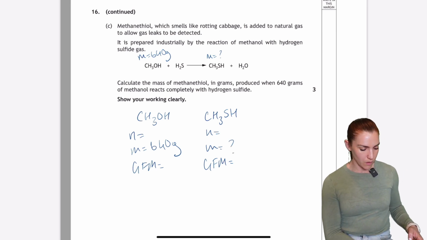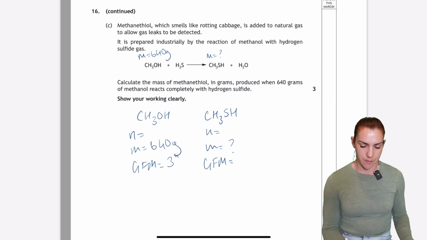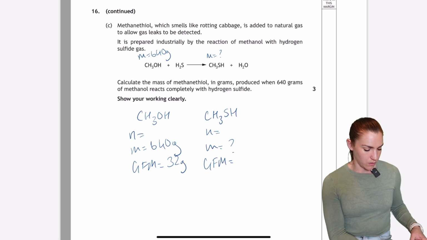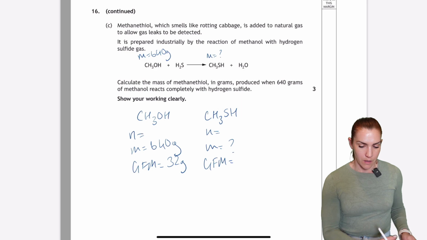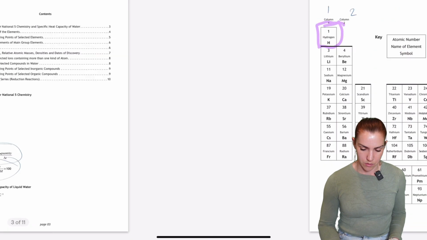So for the methanol, that's 1 carbon, so that's 12. The 4 hydrogens, which would be 4 times 1, so that's 4, plus 16 for the oxygen, so that's 32 grams. The methane thiol, 1 carbon, which is 12, 4 hydrogens, which is 4, and then sulfur is, I think it's 32, but we'll just double check.